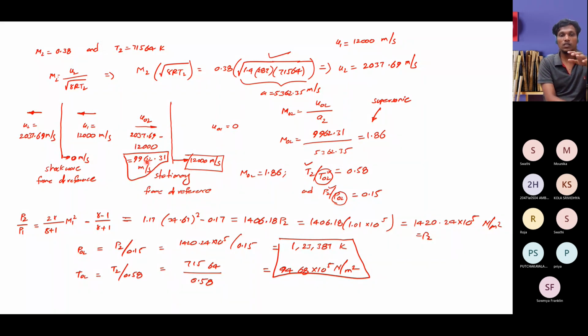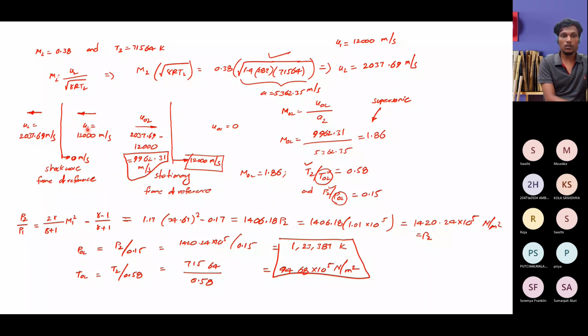But to calculate this induced velocity, we transformed into the shock wave frame of reference. What is this shock wave frame of reference? Assuming the shock is stationary in the flow field and the flow is moving onto the shock wave, your flow should get the similar velocity, that is 12,000 meters per second, the shock velocity.